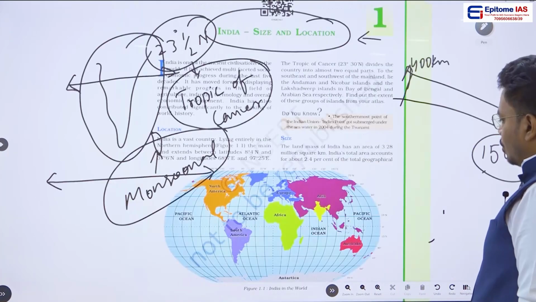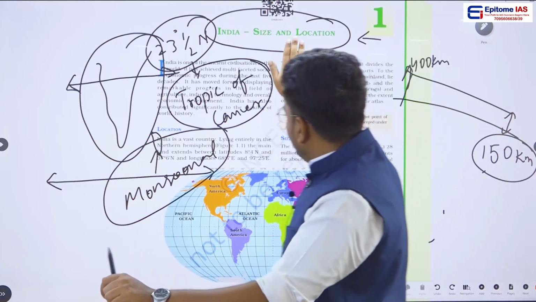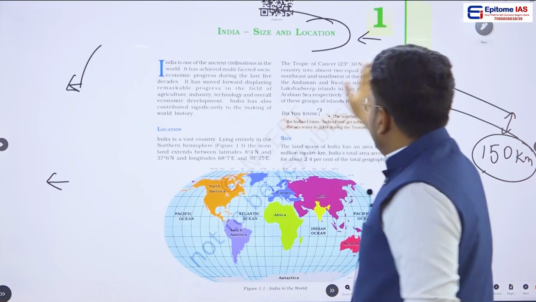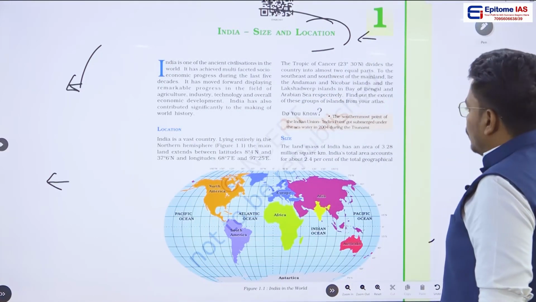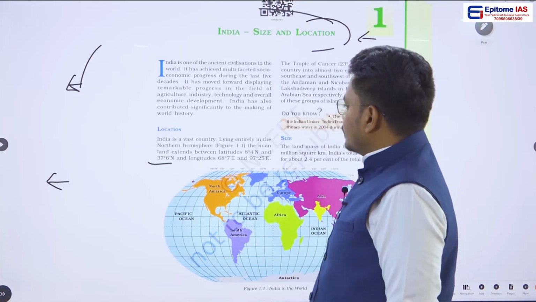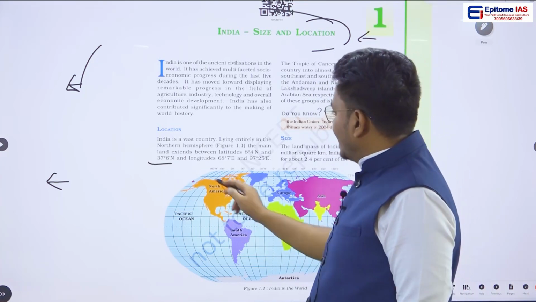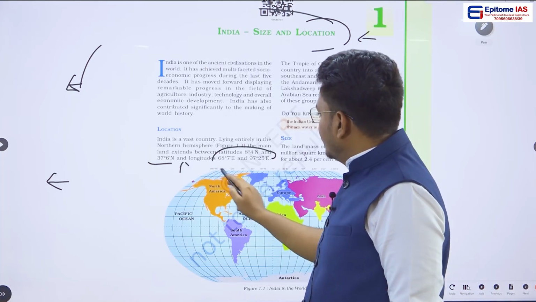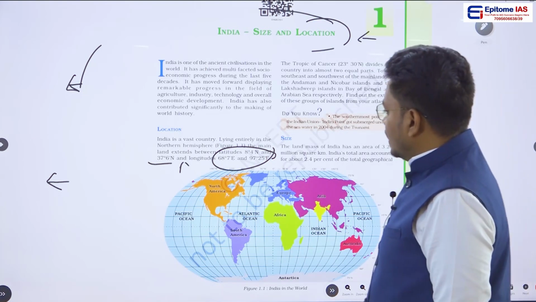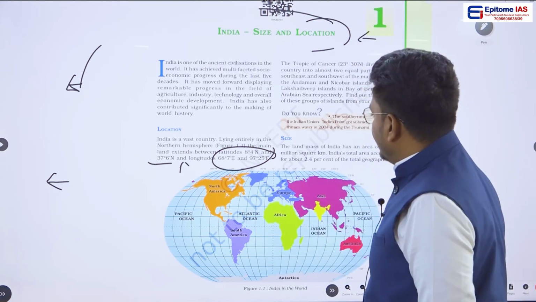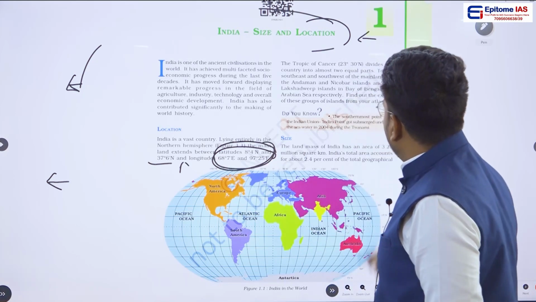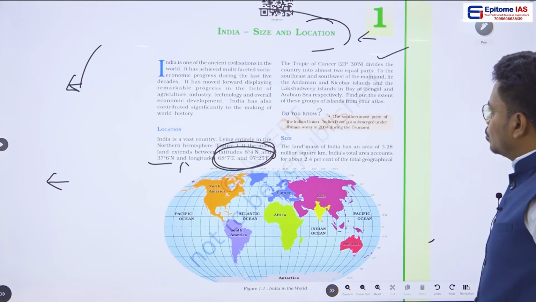Now the same content has been repeated in this chapter. It says 8 degrees 4 minutes north latitude and 37 degrees 6 minutes north latitude are the extents of India, and 68 degrees 7 minutes east longitude and 97 degrees 25 minutes east longitude are the boundaries of India. It says the Tropic of Cancer passes through India.